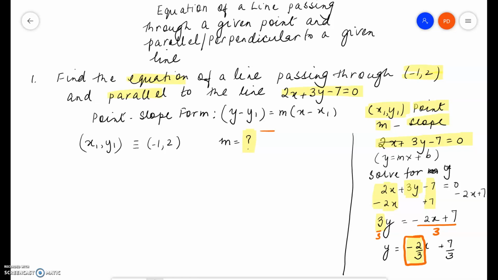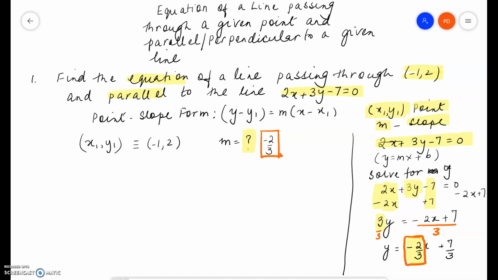So I'm going to take this slope and plug it in here. Remember that the second line is only used to figure out the slope. Parallel lines have the same slope. Now we're all set.